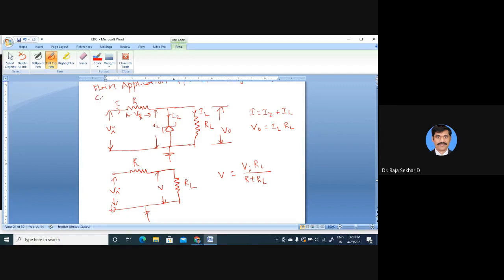So take this as case 1, where Vi and RL are fixed.